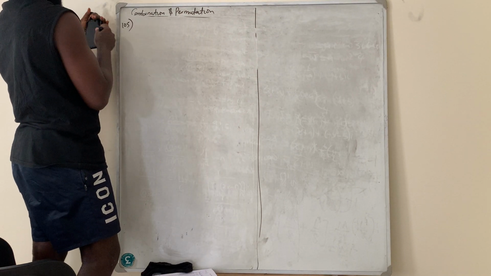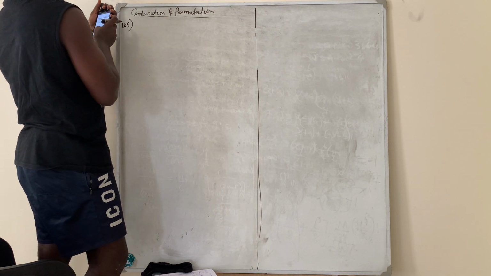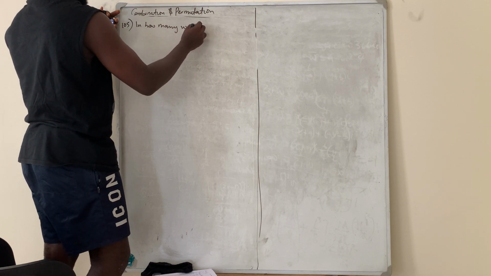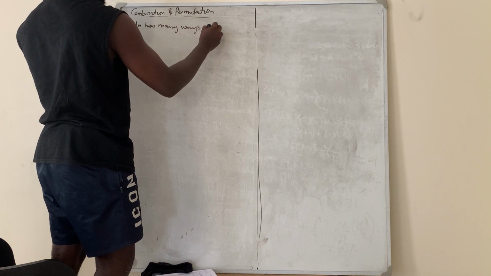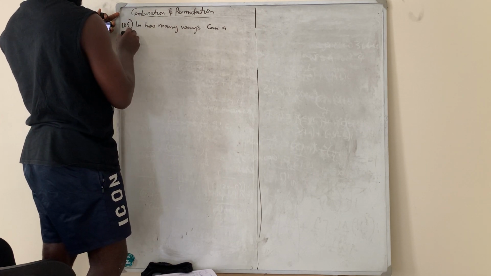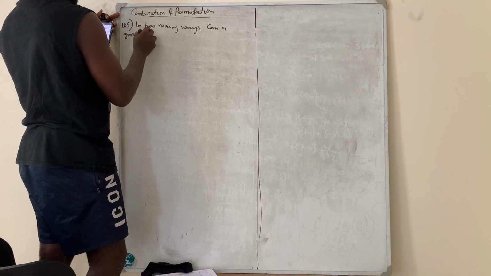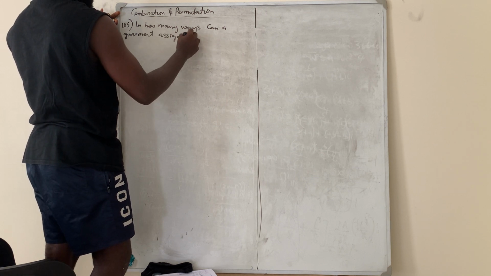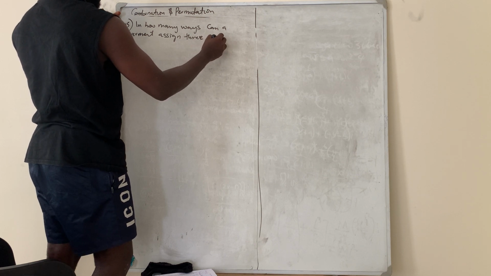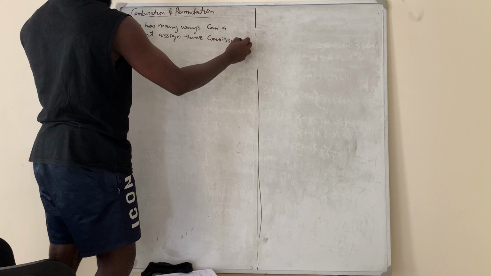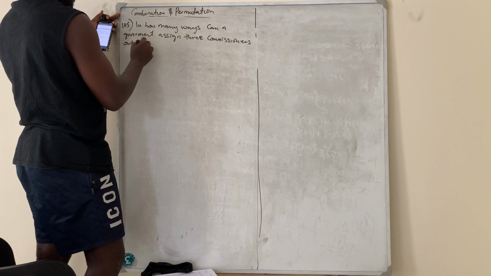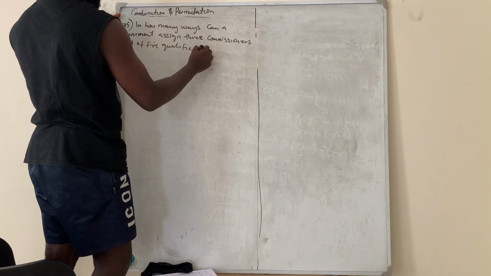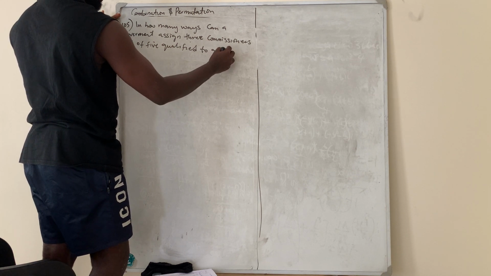Question number 105 said, in how many ways can a government assign 3 commissioners out of 5 qualified to a certain job?